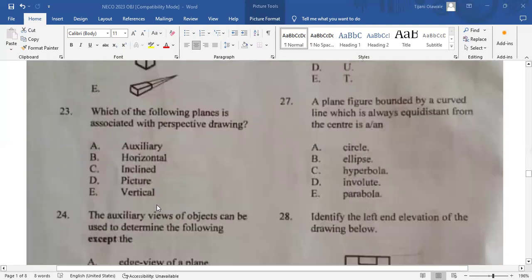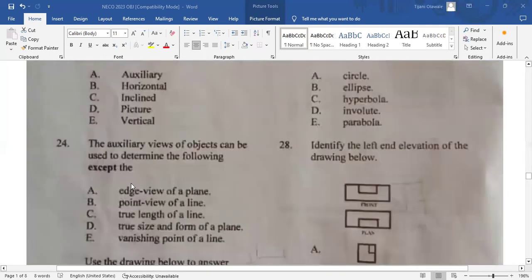Then question 23 says, which of the following planes is associated with perspective drawing? The answer is picture plane. Picture plane, option D, is the answer to that question.